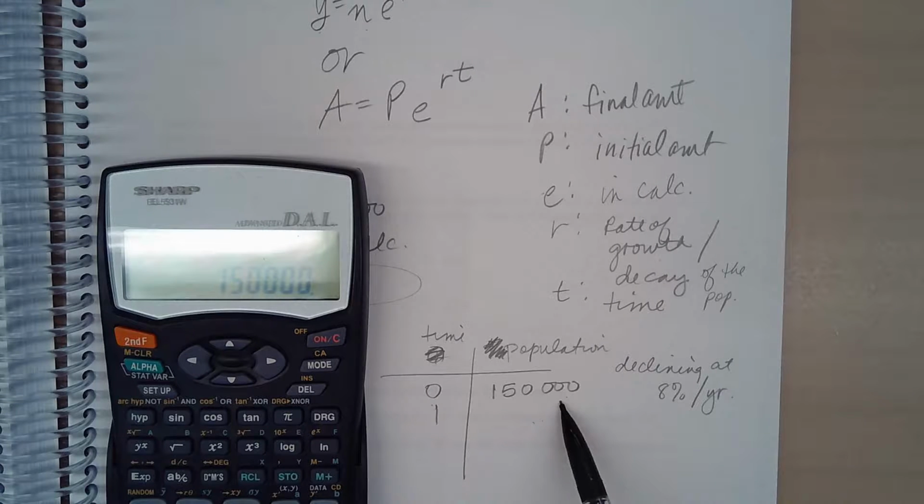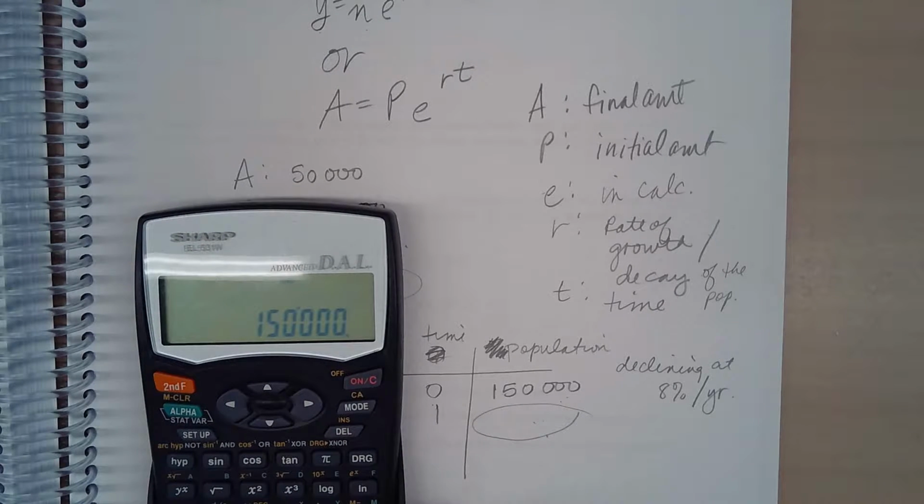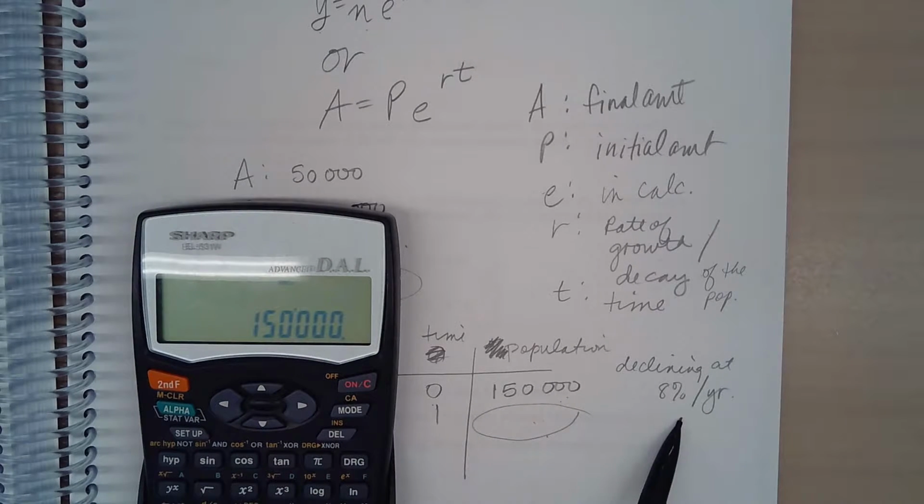I lose 8% of this. So how many people are left? How would I figure that out? Someone give me this number. I lose 8%, right? So what's 8% of this?